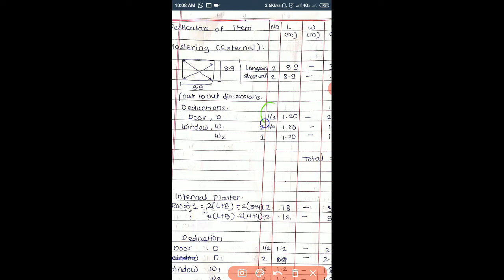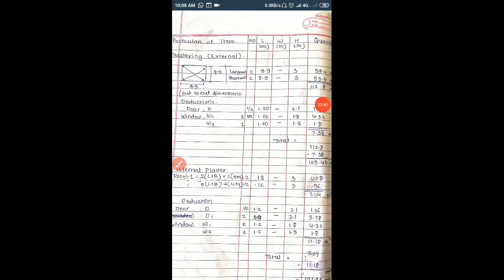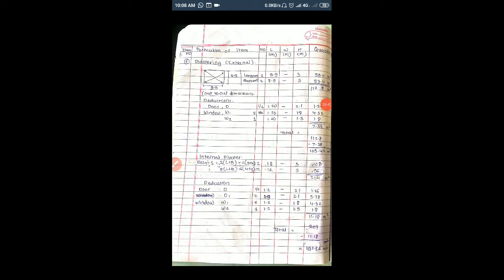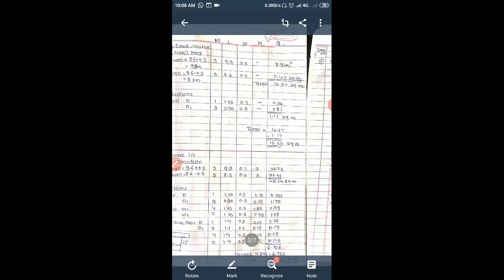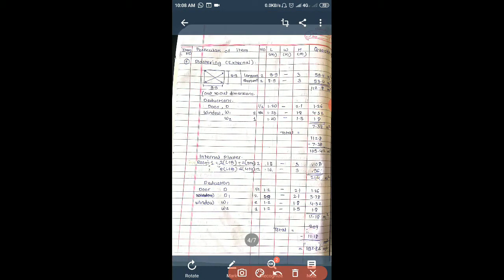So we will consider half reduction over here. Half we will consider here, and the length and height are already given in our schedule of doors and openings. Similarly for window W1 we have 4 windows, so 4 divided by 2 gives 2 windows, and we will subtract 2 windows here.